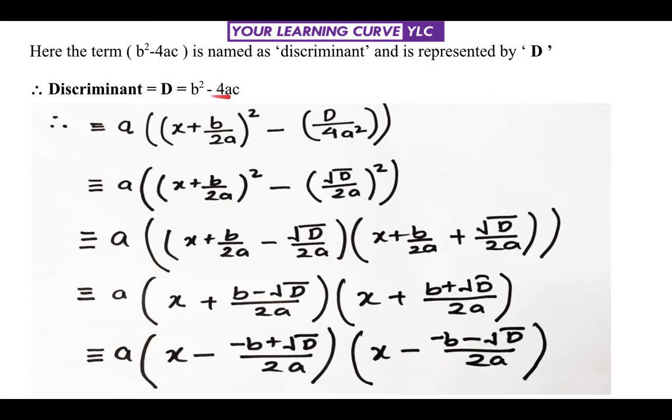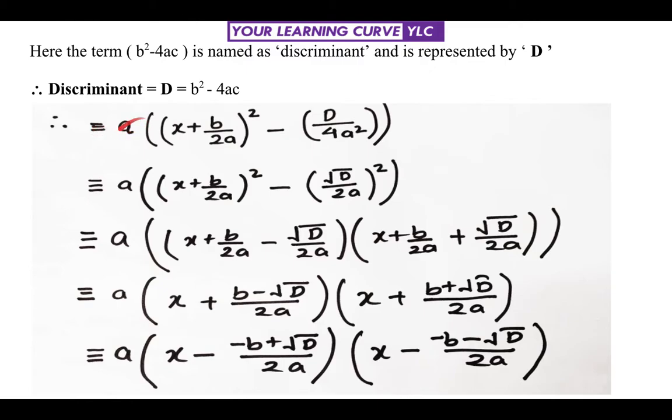Remember, a, b and c, these are not variables, these constants have specific meaning. A is the leading coefficient, B is the coefficient of x, and C is the constant term. You have to take these alphabets as they are.